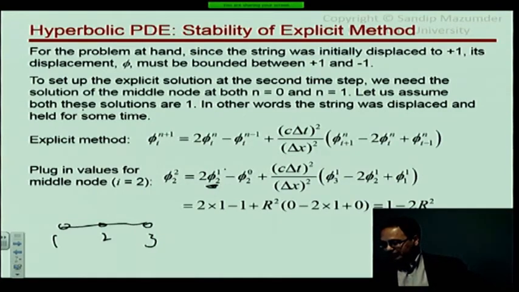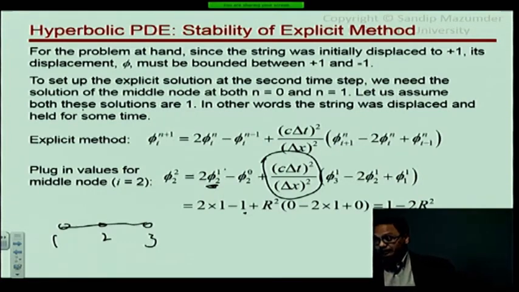Phi2 at time step equal to 0 is also equal to 1, and then I have this r square showing up in my equation, the CFL square, and then phi3 at 1 is 0, because that's the boundary condition. Phi1 at 1 is 0, which is also the boundary condition, so these two are just 0, and then we have 2 times 1, which is our initial condition, this guy.